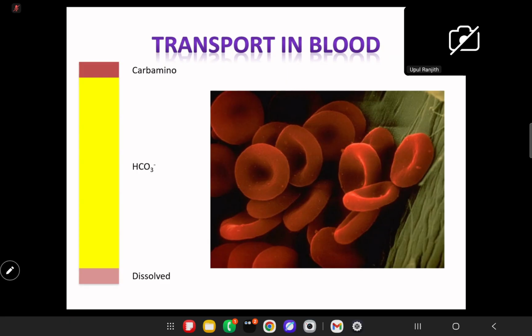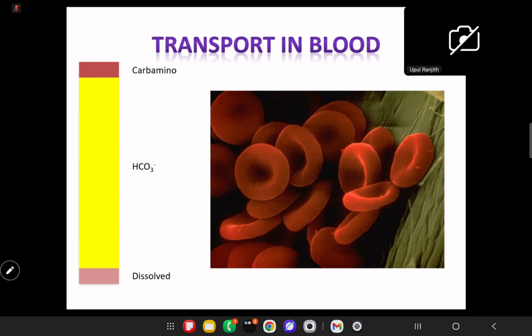In the arterial blood, 90% of the carbon dioxide exists as bicarbonate, only 5% in dissolved form, and only 5% as carbamino compounds.